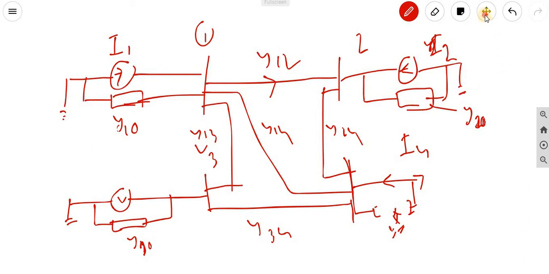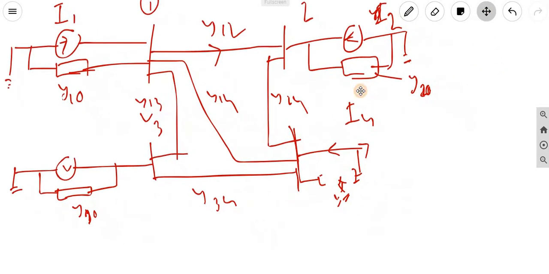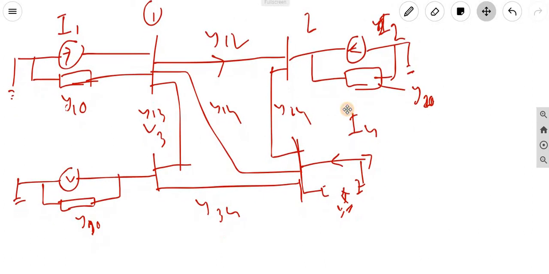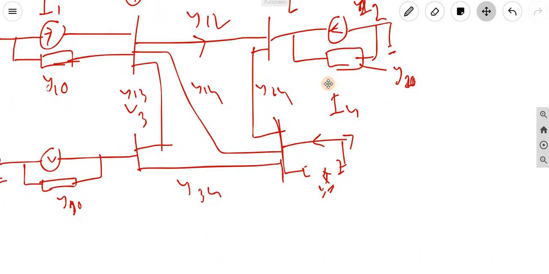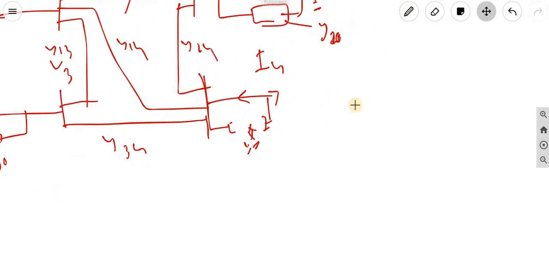Before discussing how to get the Ybus formation, there are several methods of Ybus formation. The first one is the direct inspection method.